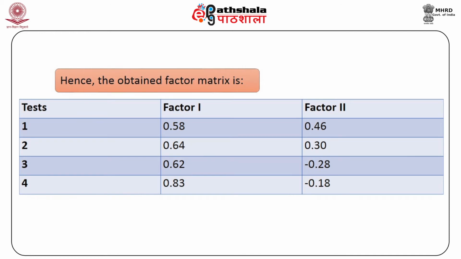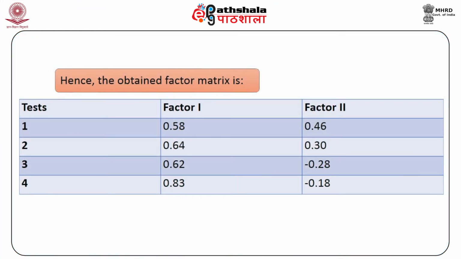The variables that were reflected are reflected back to their original signs, and hence the second factor loadings are 0.46, 0.30, minus 0.28, minus 0.18 and minus 0.28 again. A similar method could be continued with the residual matrix and not the reflected residual matrix for third, fourth, nth factor extraction.